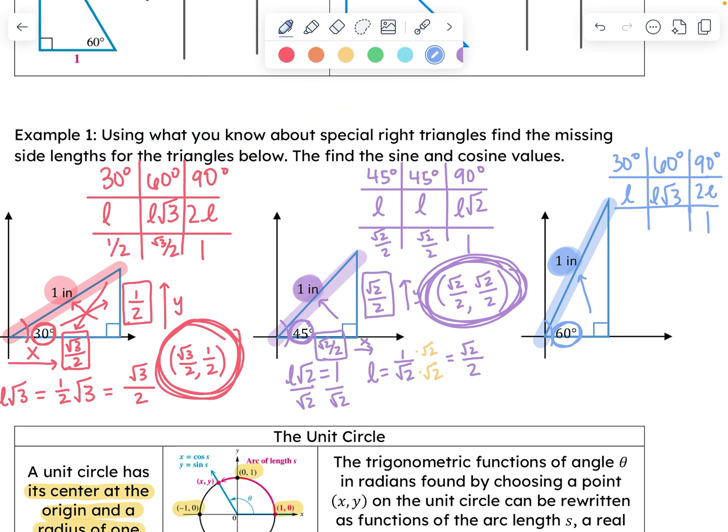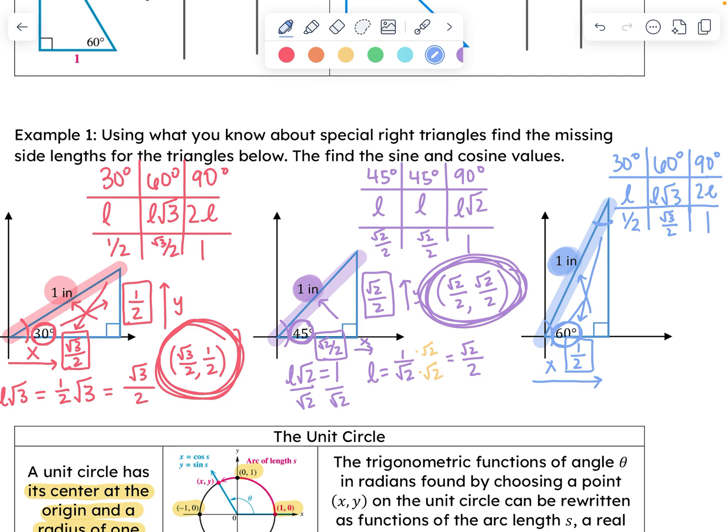So across from the 30, it's still 1/2, but now our 30-degree angle is the angle at the top. So the 1/2 would go down here as our bottom of our triangle, our x value. Across from the 60-degree angle is still our L root 3, so our square root of 3 over 2.